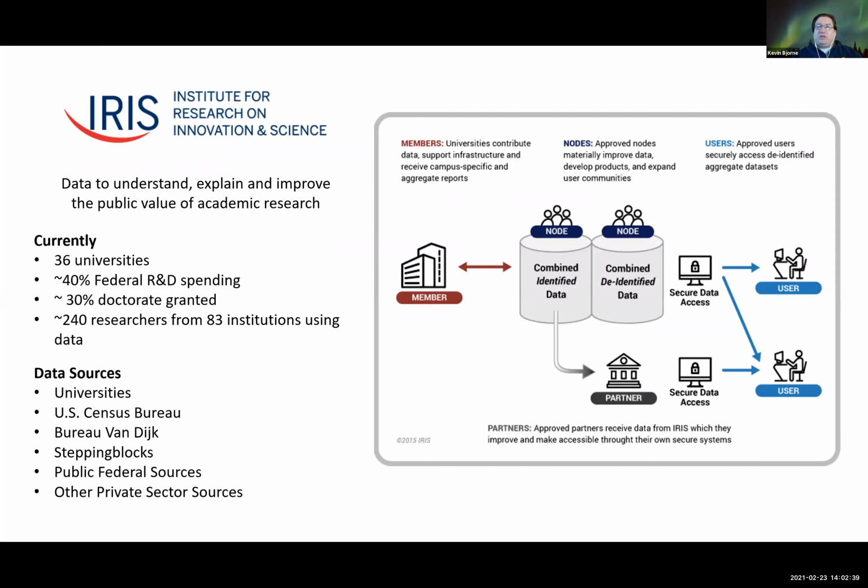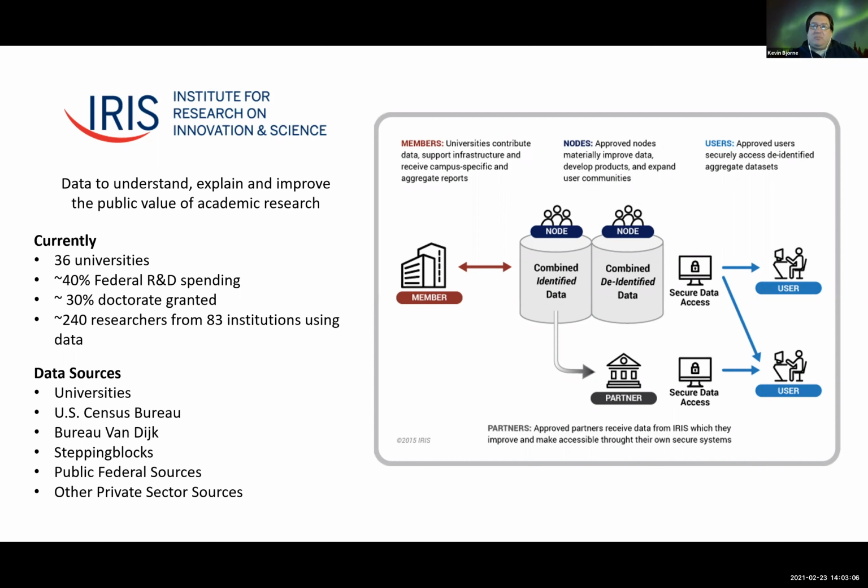So let me go over really quick for those of you who aren't IRIS members or aren't familiar with what IRIS is. What is IRIS and what do we do? So IRIS, the Institute for Research on Innovation and Science, is an IRB approved data repository that's been set up at the University of Michigan. What we do is we collect data from member universities.